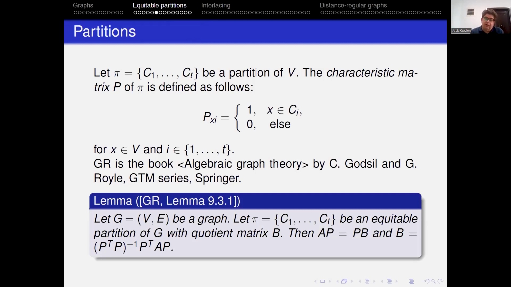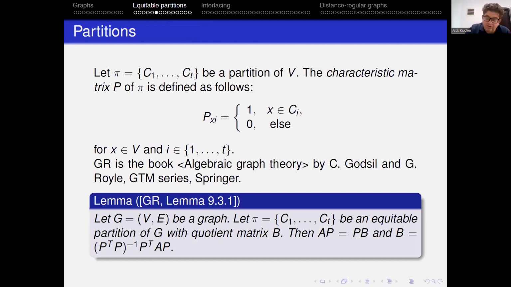This is Lemma 9.3.1 in the book. So take an equitable partition with quotient matrix B. Then we have AP equals PB, and we can write B in a form: the inverse of P transpose P, times P transpose AP.